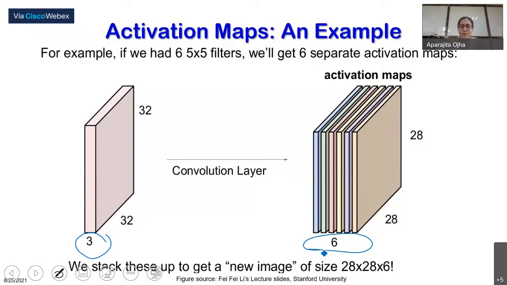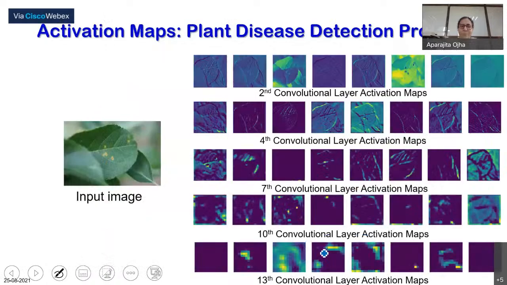All right. So activation map, this is one particular example of an activation map for plant disease detection problem that Purnima, my student, is working on. So we work on this plant disease detection, localization, and many related problems for smart agriculture solutions. So you can see that if I wish to plot the activation map coming out of a convolution layer, so it was the second convolution layer, and the activation maps look like this.